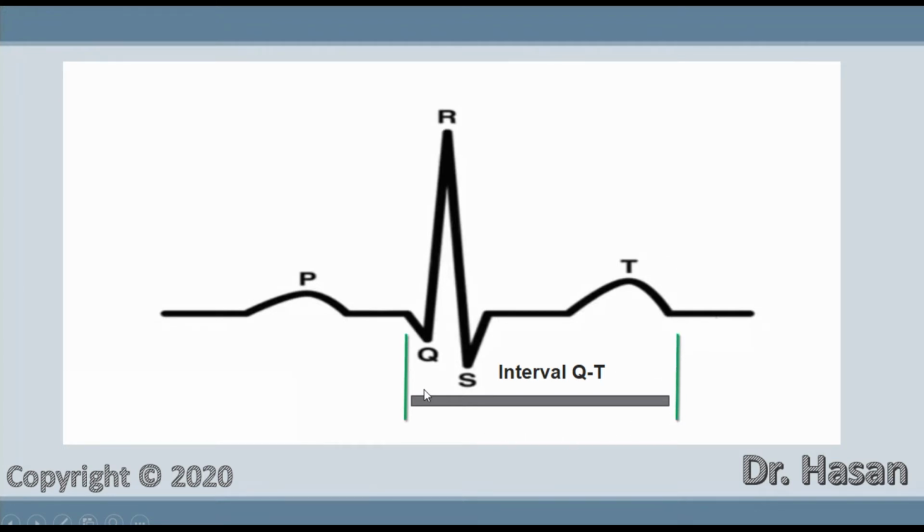That is, it includes the Q wave, R wave, S wave, and a piece of the isoline and the entire T wave. In different textbooks, you can see other intervals and other segments, but we will not consider them since they are mainly of theoretical value and in practice they are rarely used.